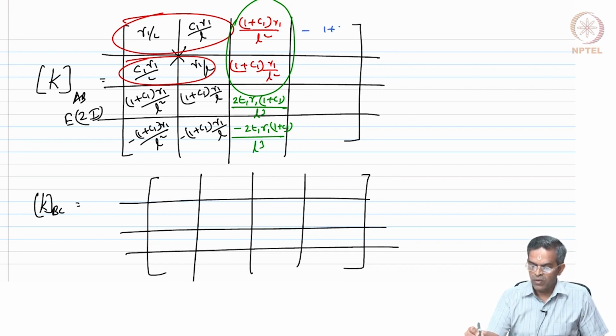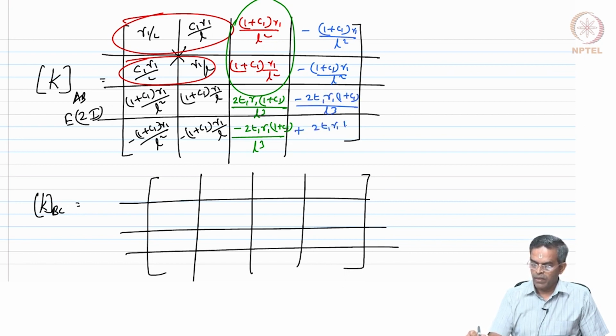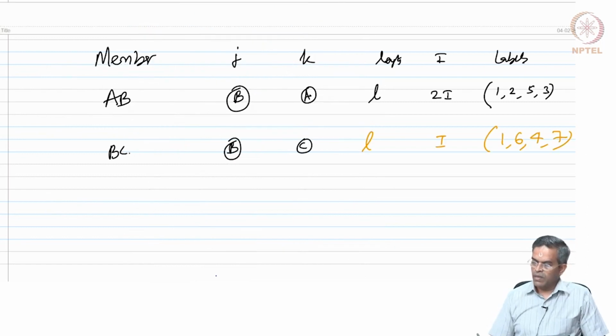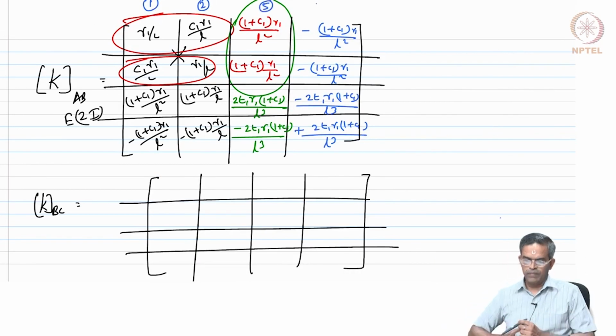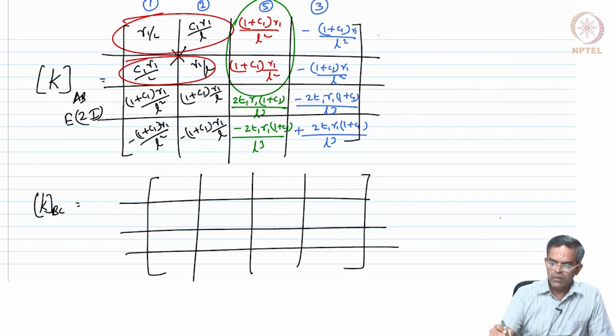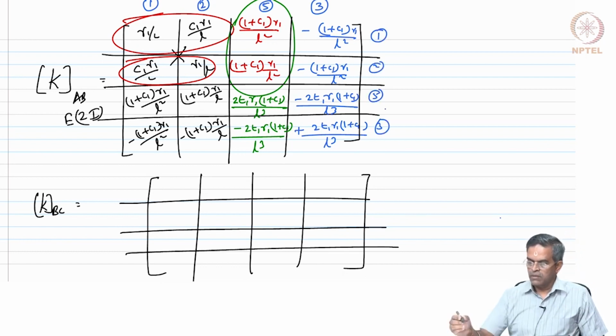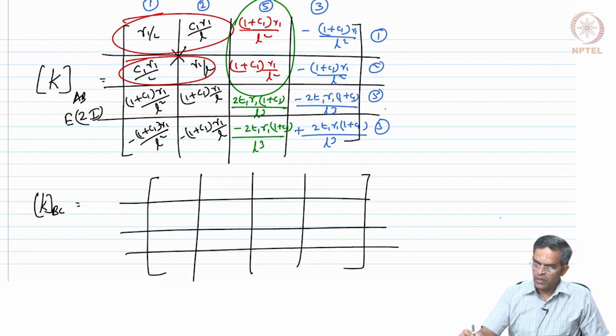So, minus of 1 plus C1 R1 by L square, minus of 1 plus C1 R1 by L square, minus of 2 T1 R1 1 plus C1 by L cube, plus of 2 T1 R1 1 plus C1 by L cube. Let us mark the labels. For the member AB it is 1, 2, 5, 3. Similarly, here 1, 2, 5 and 3.